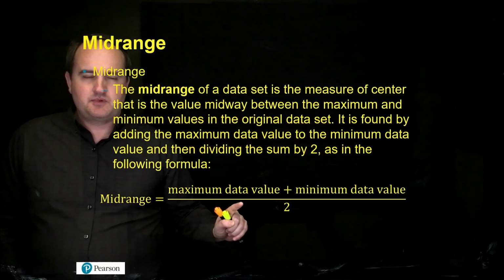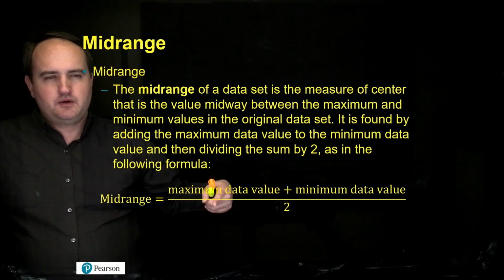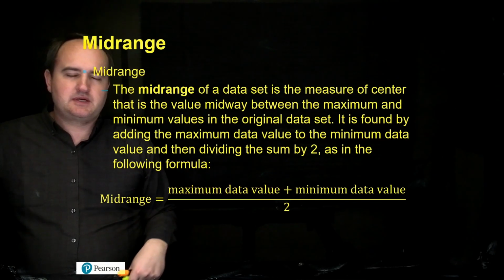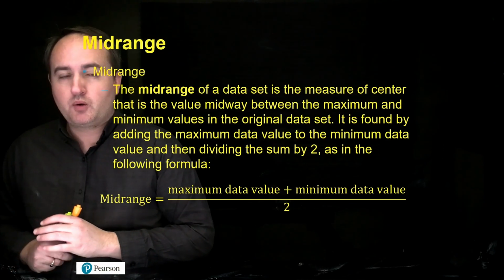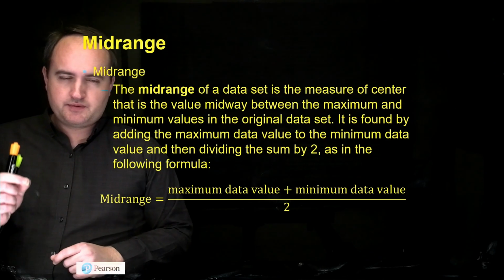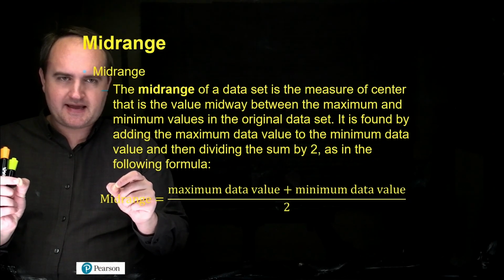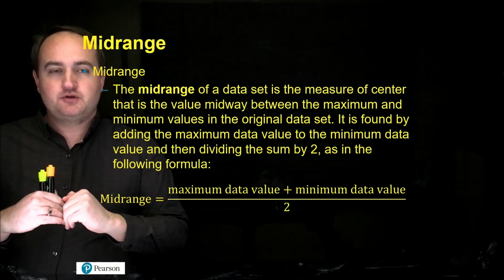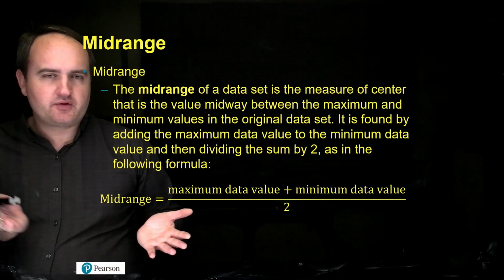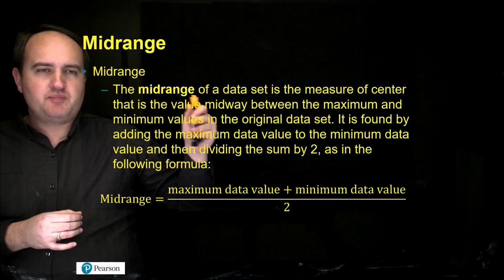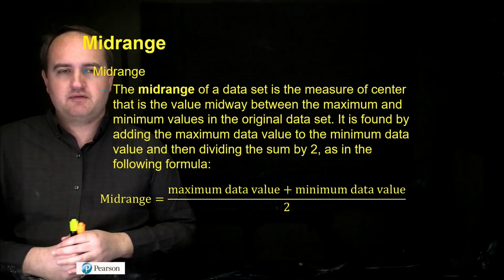So you add the maximum data value to the minimum data value, and you divide by 2, which is kind of the same process we did when we were calculating class midpoints in 2.1 for frequency tables. We would take the lower class limit and the upper class limit, the minimum and the maximum for that class, add those up and divide by 2 to get the class midpoint. Mid-range is just another type of midpoint. It's called the mid-range because it's halfway between the lowest data value and the highest data value.